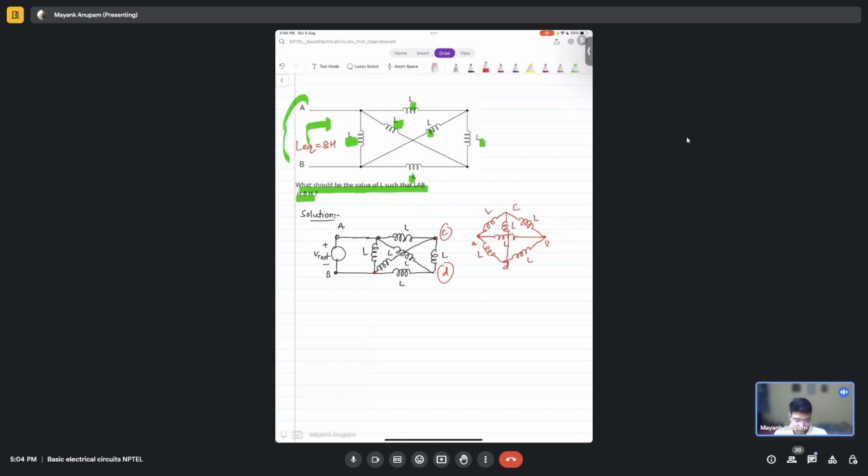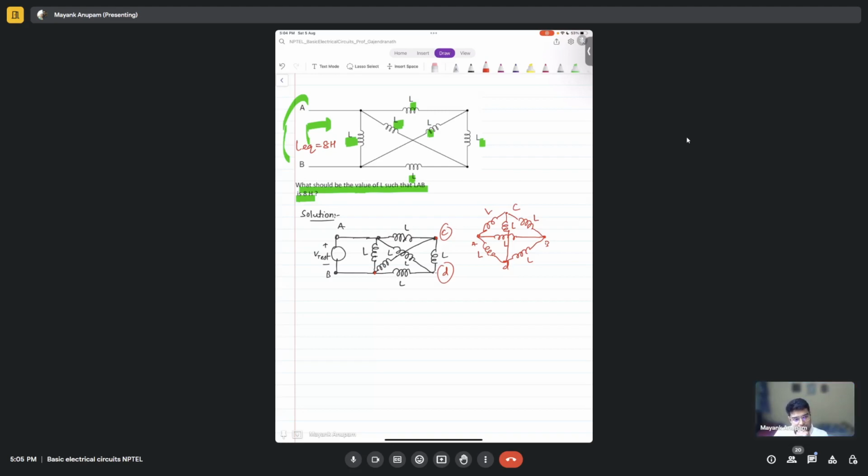So how is it a Wheatstone bridge? Can we extend C and D on the left side? I'm not able to understand what you're saying.